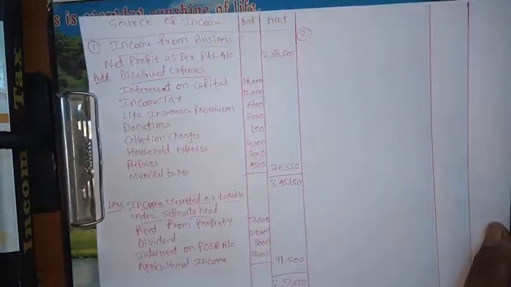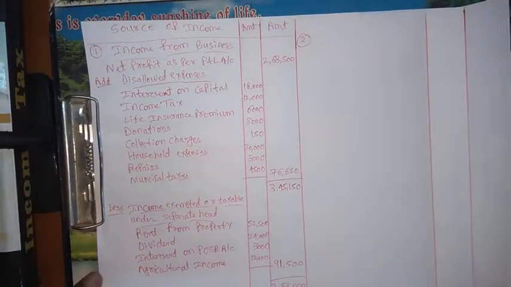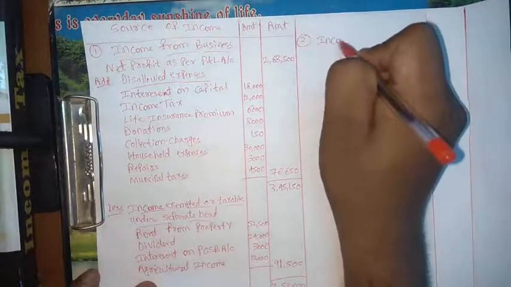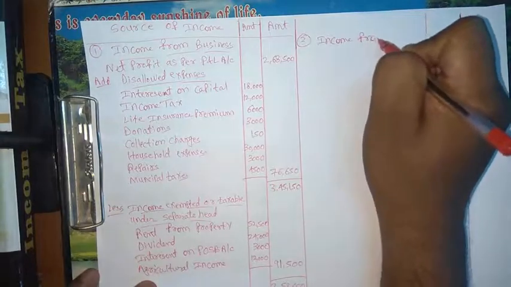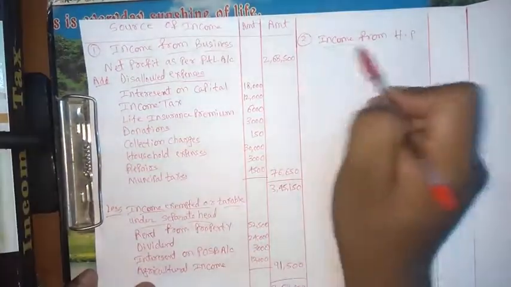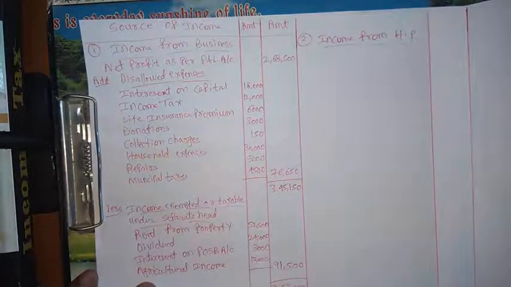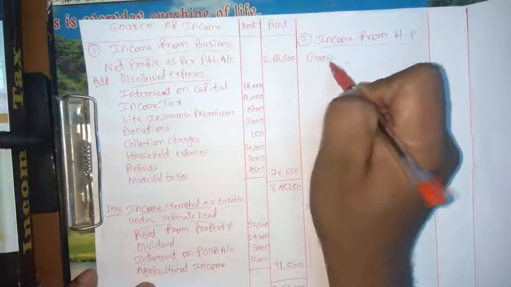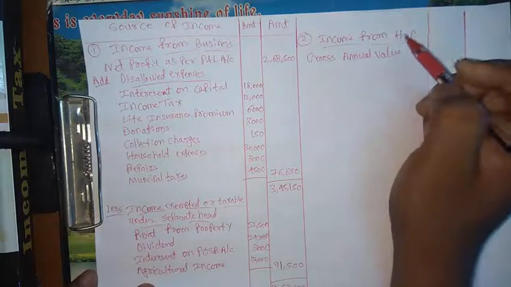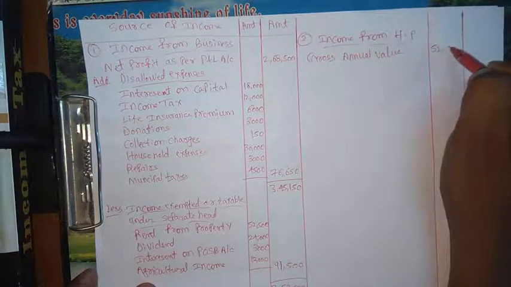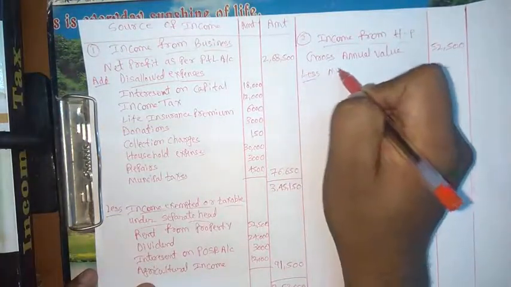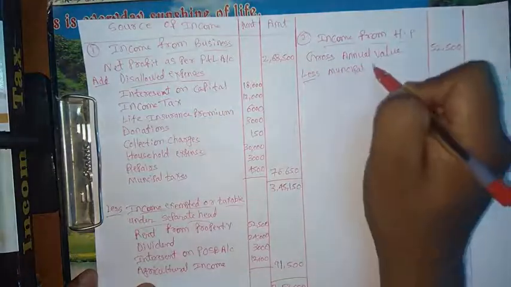The second head given in the problem is income from house property. The gross annual value given in the problem is 52,500, less municipal value.